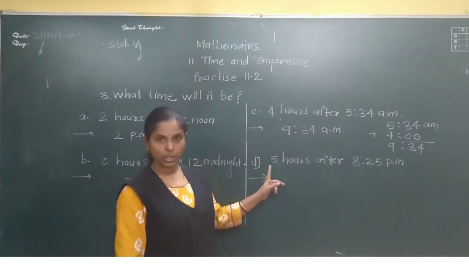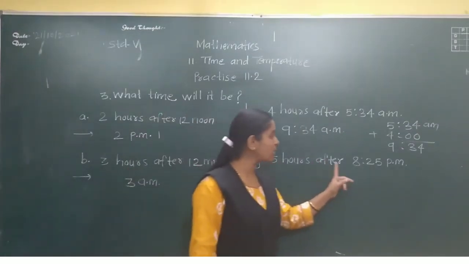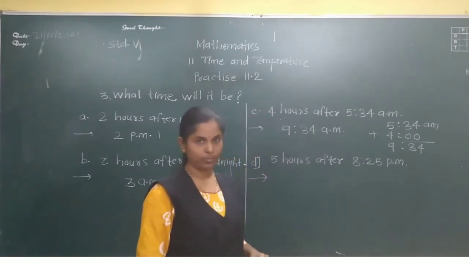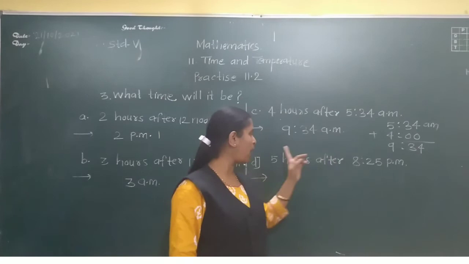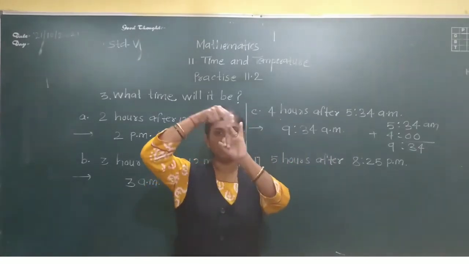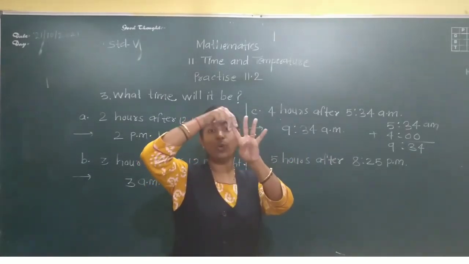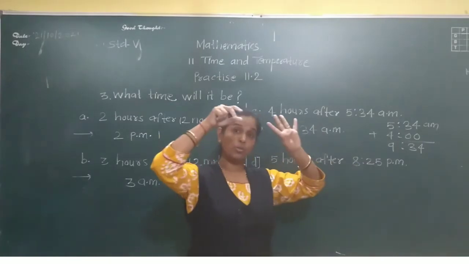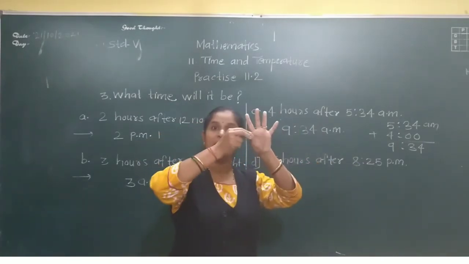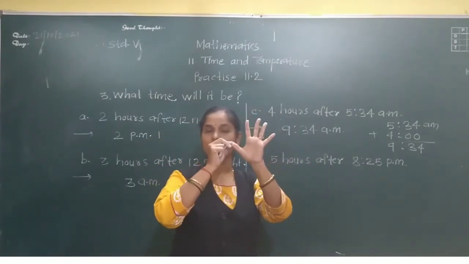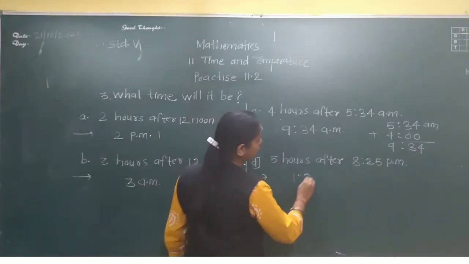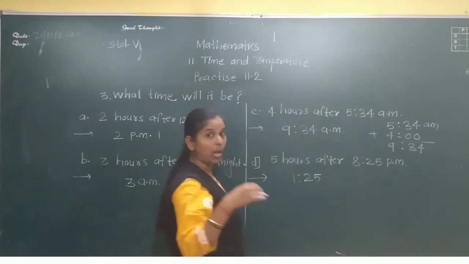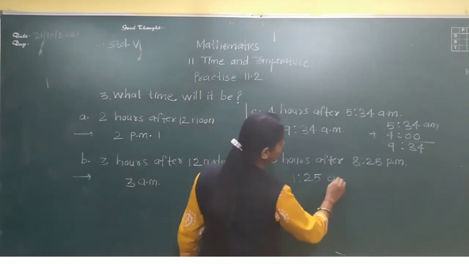Now see question number 5. 5 hours after 8:25 p.m. Now see, we will count orally. To 8 add 5 hours. 9, 10, 11, 12. PM means 12 midnight it will be. And after midnight what comes? 12, 1. So what do we have to write? 1:25. And after midnight, so what will it be? AM.